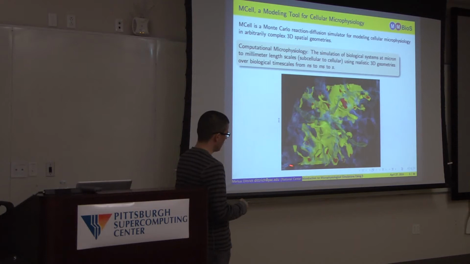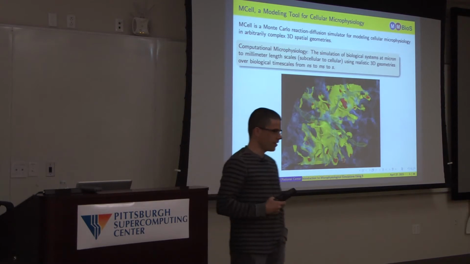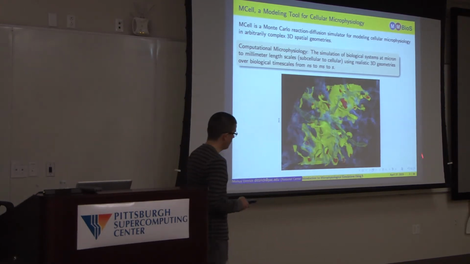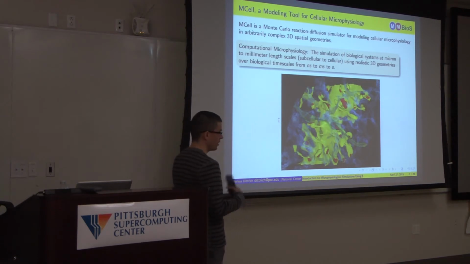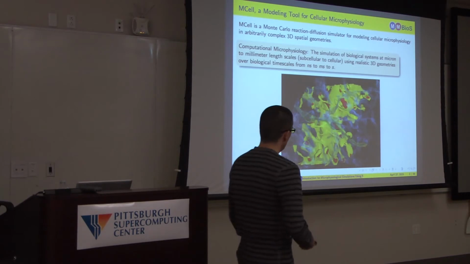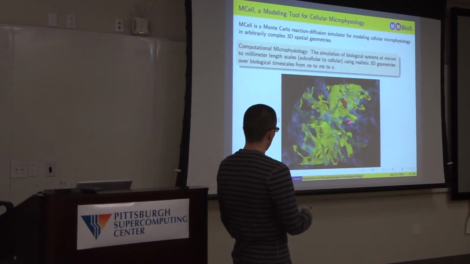This is actually an MCell model that the Salk Institute folks have used to run simulations inside. That's a piece of dendrite in the hippocampus, and you can see it's spatially very complex. It's from an EM reconstruction, and you can see very complex structural features.